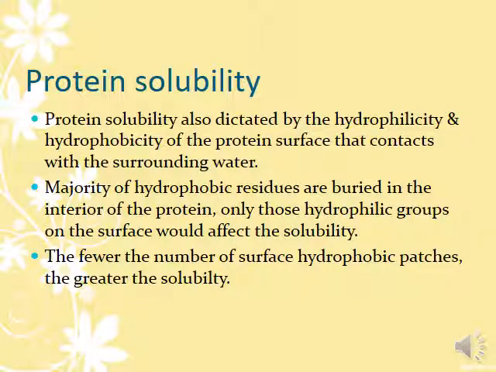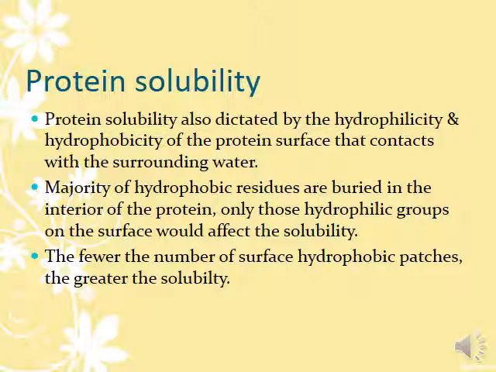Now protein solubility is also dictated by the hydrophilicity and hydrophobicity of the protein surface that is in contact with the surrounding water. Go back to the native structure of protein, in which the inner core is hydrophobic and the surface is hydrophilic.